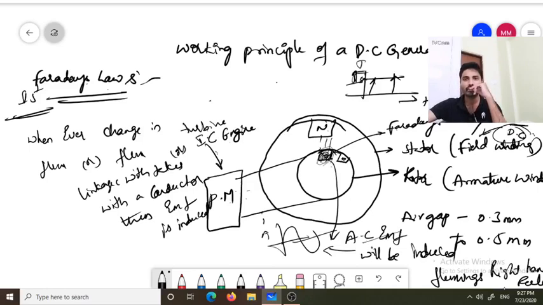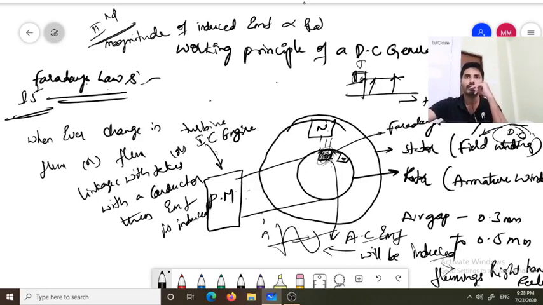The EMF magnitude depends upon the second law. Faraday's second law tells about the magnitude of induced EMF. This is the second law: the magnitude of induced EMF is directly proportional to the rate of change of flux linkages.